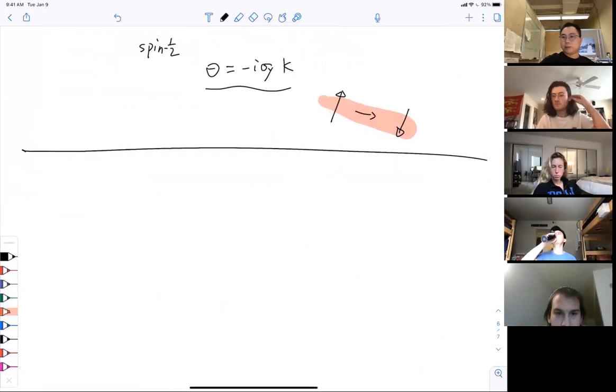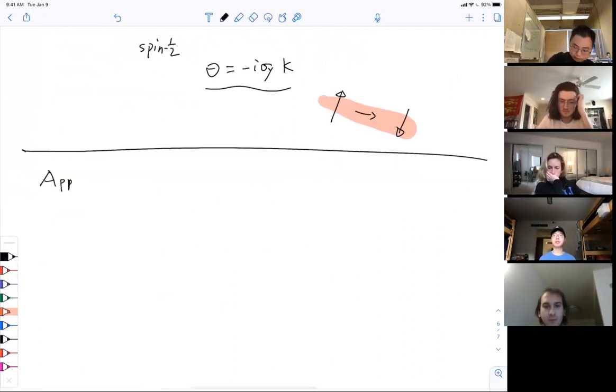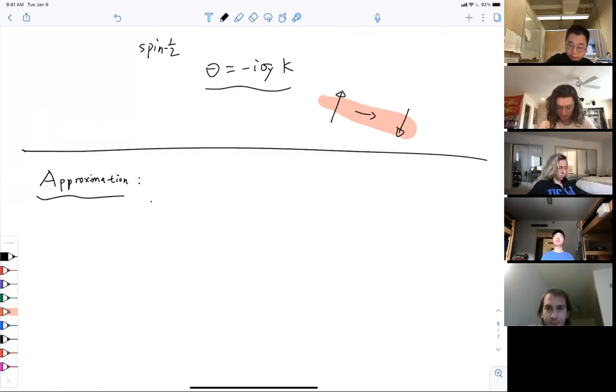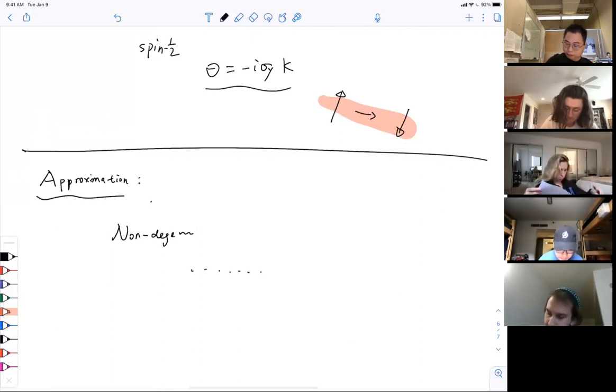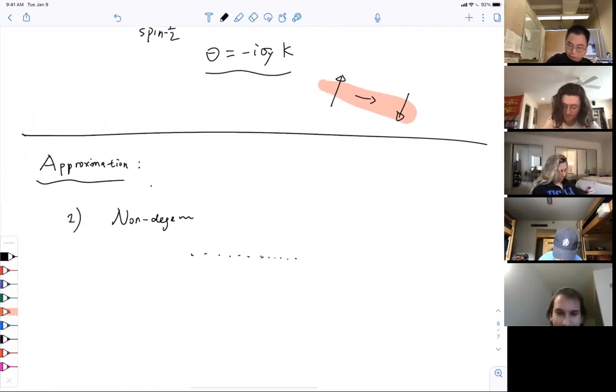Okay, so the next thing I want to say is the approximation. For the non-degenerate case, you can look up the formulas in the textbook. I don't want to waste my time on this. I'm pretty sure you know how to do it.